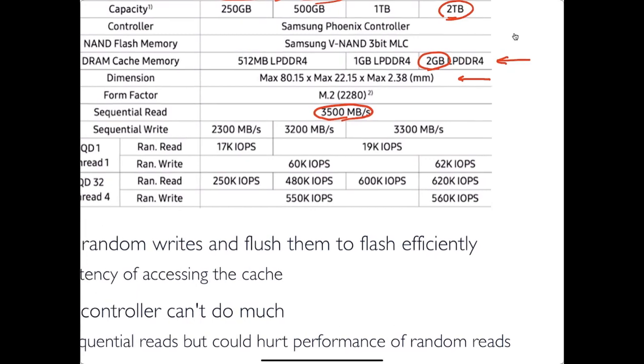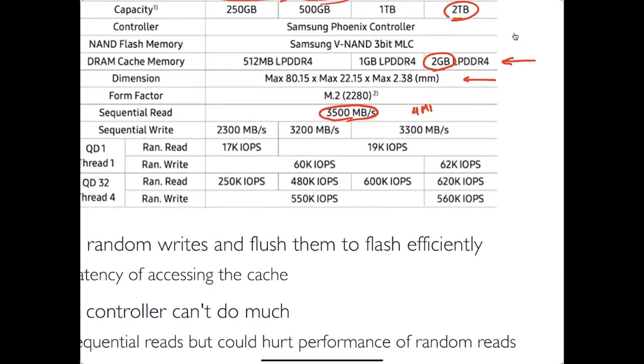Compare this to 4 megabytes per second, the kind of performance you can get out of an HDD. And then if you're writing, it's obviously slower. As we discussed, writes are harder to perform, so you're getting less write performance in this case.